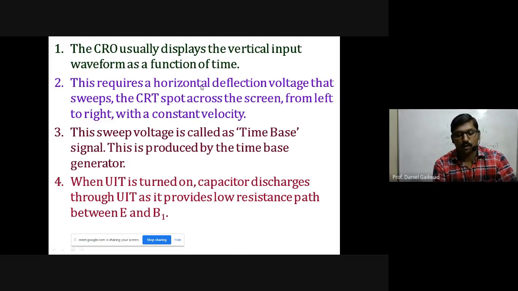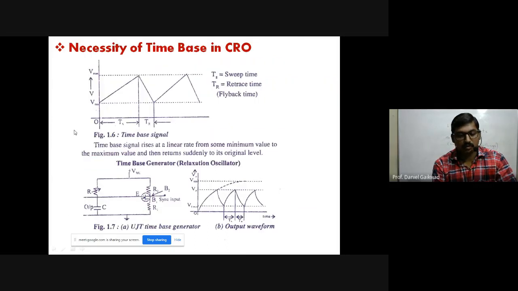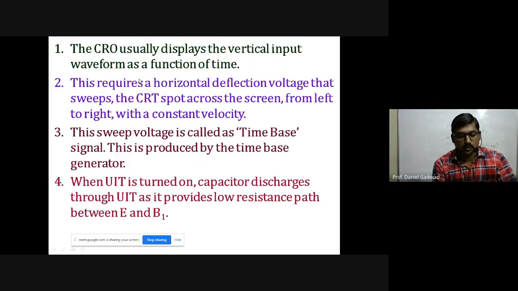This requires a horizontal deflection voltage that sweeps the CRT spot across the screen from left to right with a constant velocity. This sweep voltage is called the time-base signal. The sweep voltage is from minimum to maximum, so that is nothing but the time-base signal.